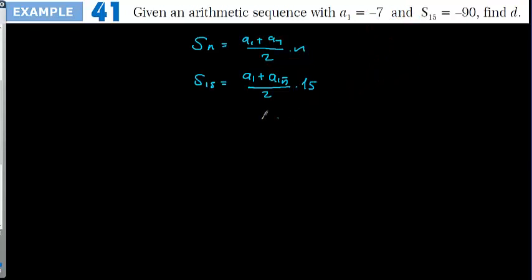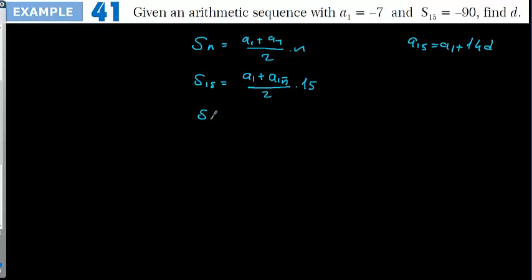If we find the A15 value, we can find D, because A15 is equal to A1 plus 14D. That's why A15 is important for us.